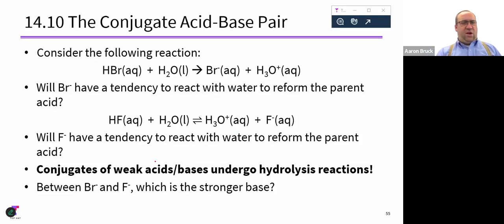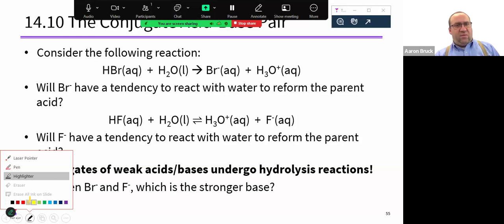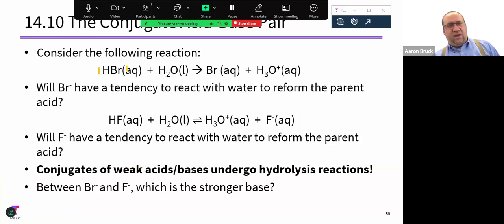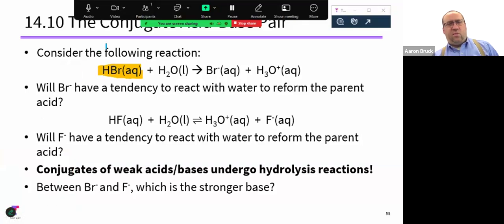And so what we covered in 105 was the idea of Bronsted theory. And in Bronsted theory, we saw that this was my acid, and this water is my base.